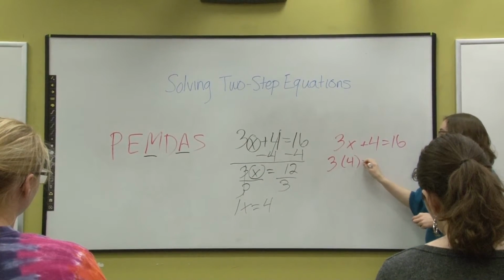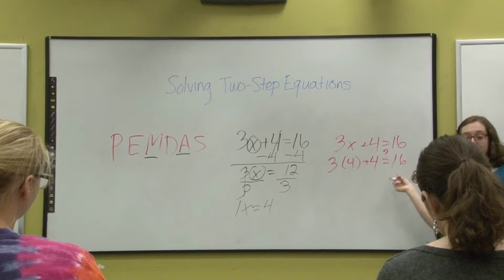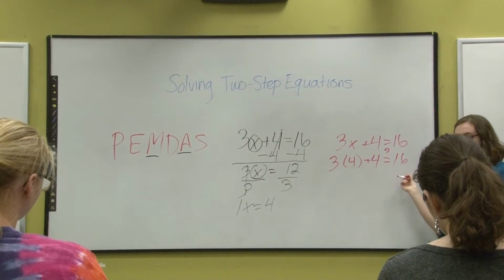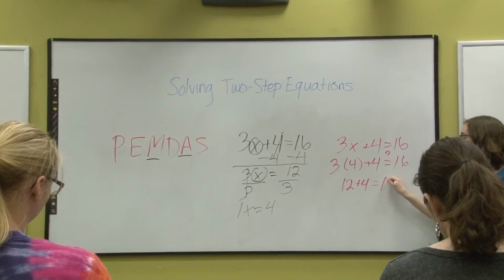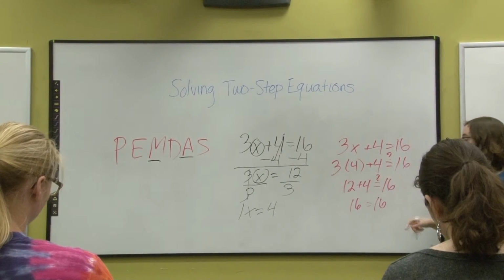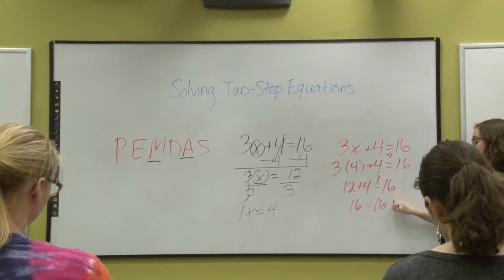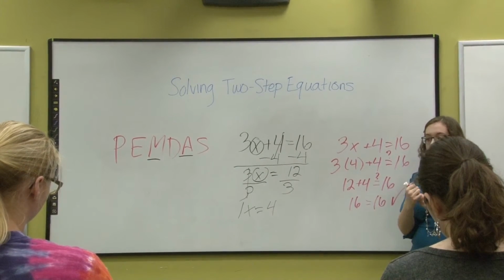So 3 times 4 plus 4 equals 16, with a little question mark, because that's what I'm trying to see if it's true. So I get 12 plus 4 equals 16. And yep, 16 does in fact equal 16. So 4 was the right answer, and we solved the equation.